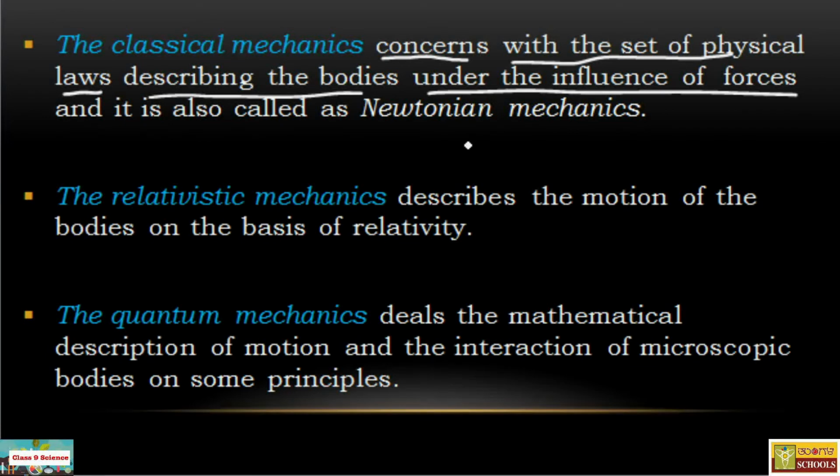So classical mechanics concerns the group of physical laws describing bodies or objects under the influence of forces. Under the influence of forces, how the objects behave, that is the branch of classical mechanics.